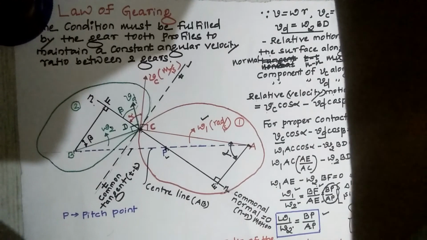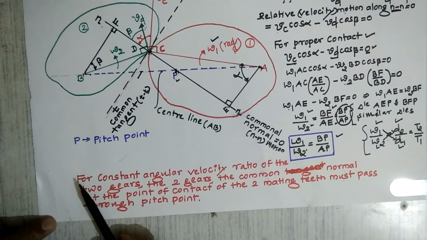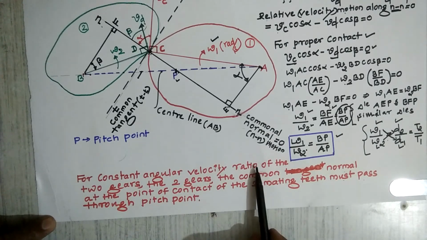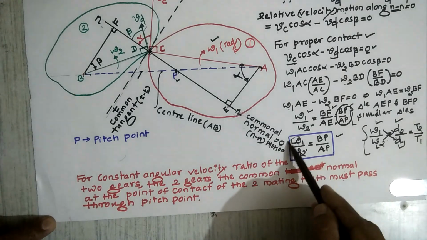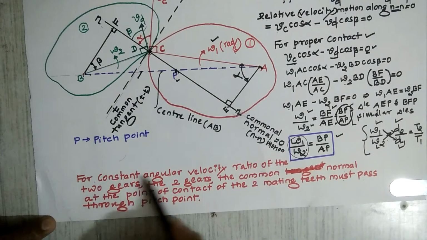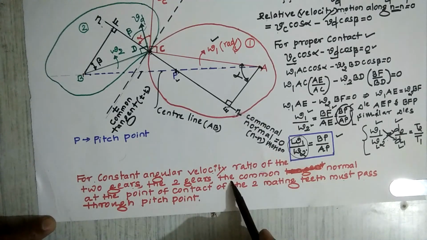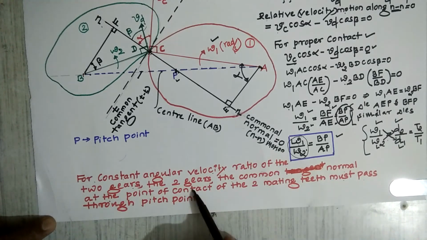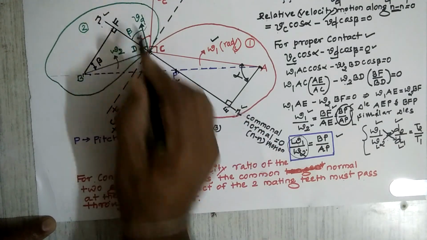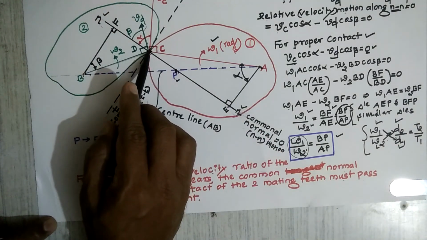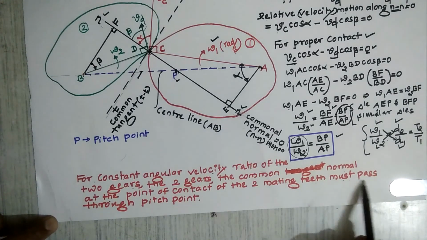Okay, I hope this is clear. It is written here as the law of gearing, and I will explain it here also. For a constant angular velocity ratio of the two gears, the common normal at the point of contact of the two mating teeth must pass through where?